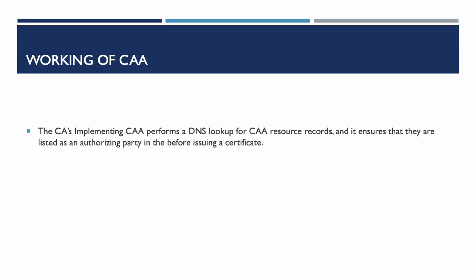Coming to the working of CAA, the certificate authorities implementing CAA perform a DNS lookup of a CAA resource record, and ensure that they are listed as an authorizing party before issuing a certificate.